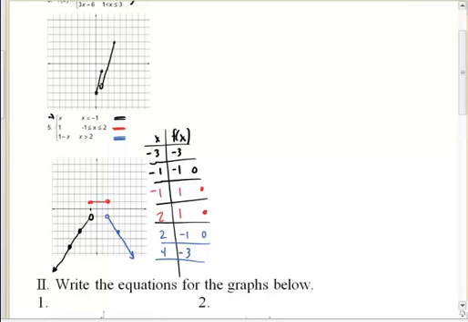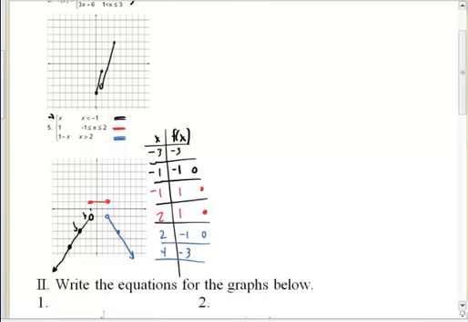I plotted -3 and I got -3. I plotted -1 and I got -1. So here are the points, and then I drew the curve through it, and I remembered to leave it open because of the inequality symbol.